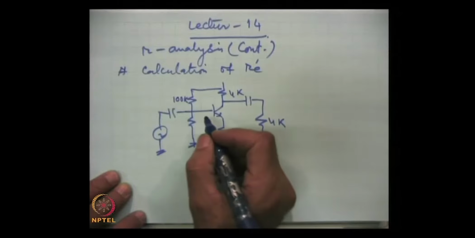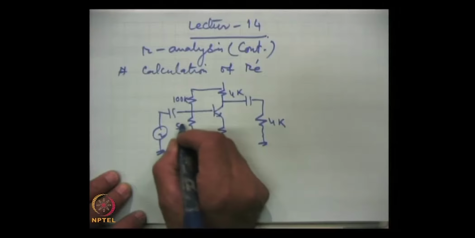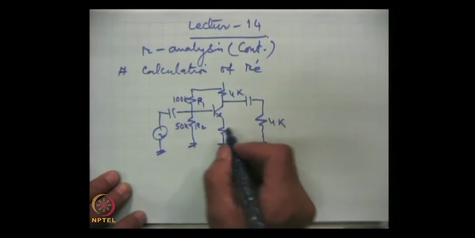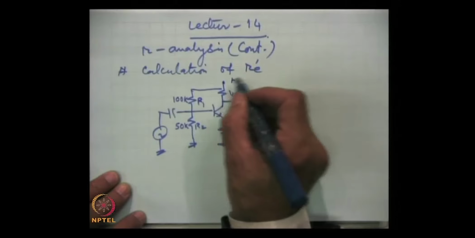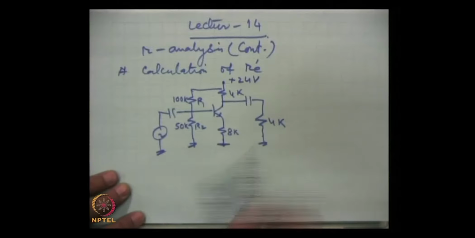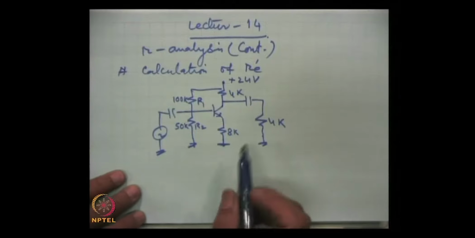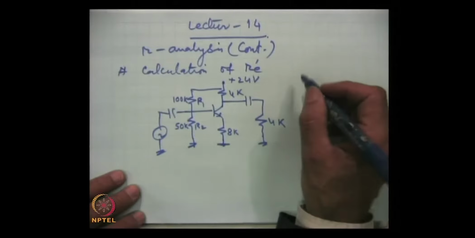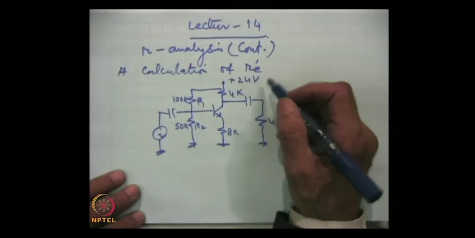All resistances we are taking in kilo ohms. This is the amplifier. Now, we have to calculate the dynamic resistance of the emitter, R e prime.